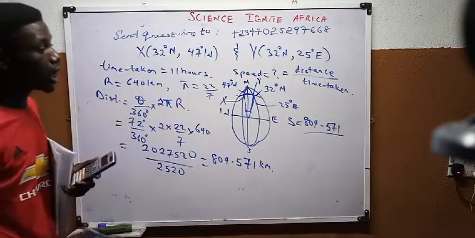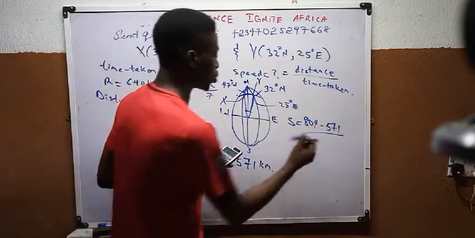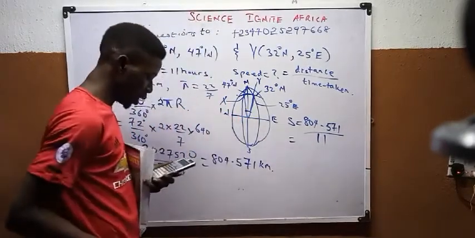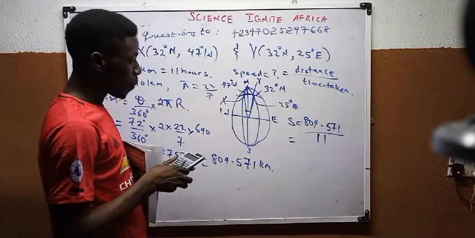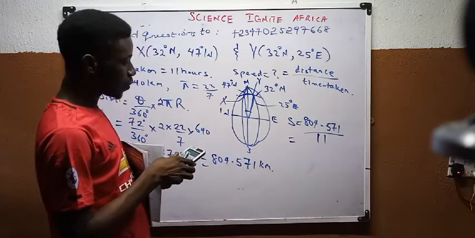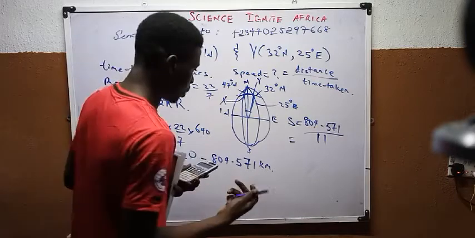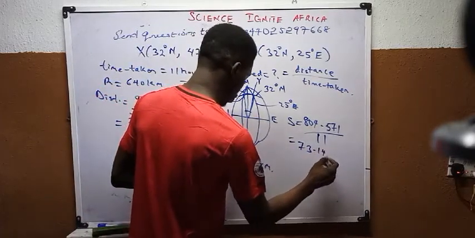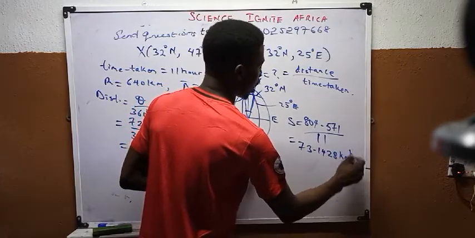The time taken is 11 hours, and the speed is required in kilometers per hour, so we don't have anything to convert. So divided by 11 now. When we divide 804.571 by 11, we have 73.1428 kilometers per hour.